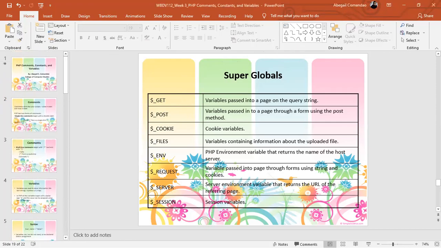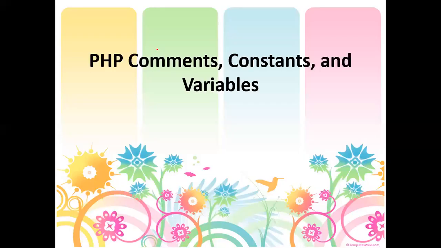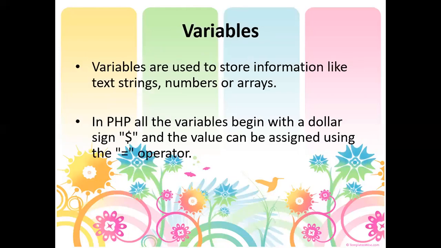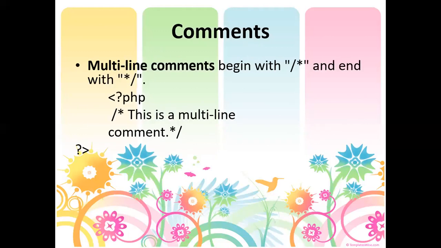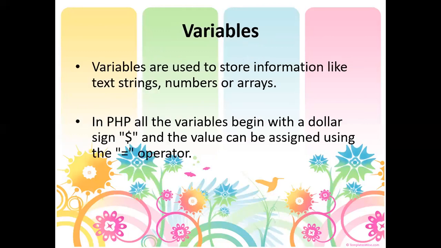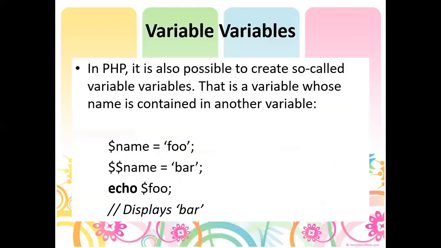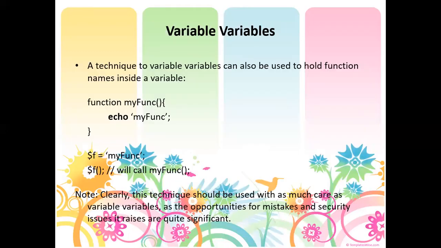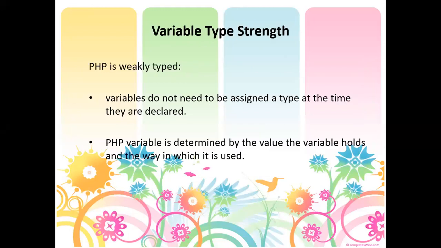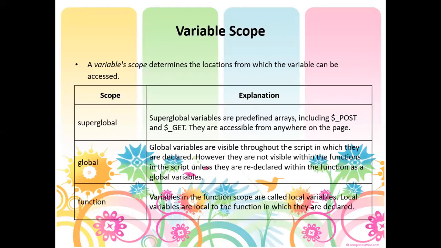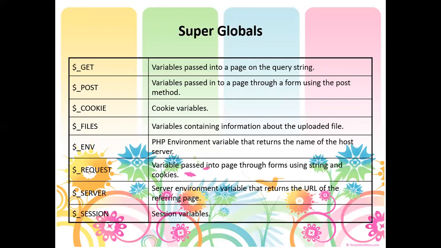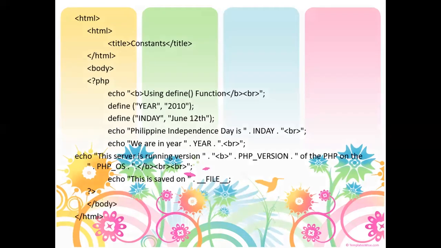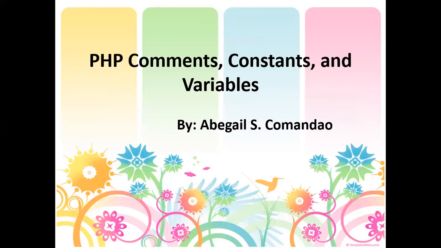We started with the use of the constants, the variables, and aside from that, you were able to learn about the multi-line comments, the single line comments, the different variables, as well as the variable types, how to use variables, and the variable scope. Now, the super globals will be for next meeting. And we also learned about the constants. So that has been our topic for today.